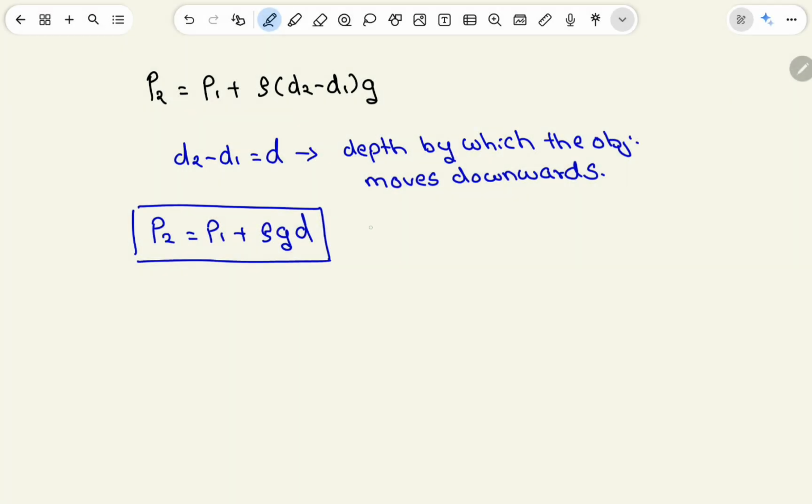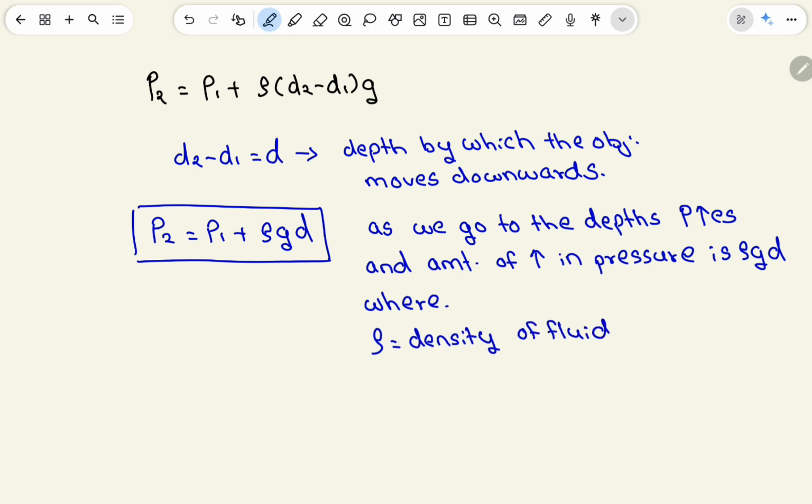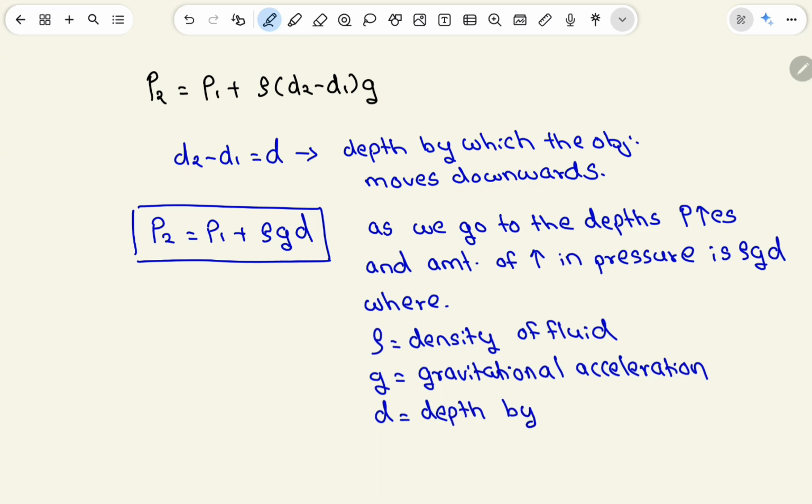So basically what we can say is, as we move downwards, as we go to the depths, pressure increases, and the amount of increase in pressure is rho G D, where rho is nothing but density of the fluid, G is nothing but gravitational acceleration, and D is nothing but depth by which the object moves downwards.